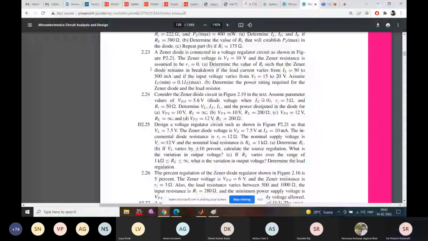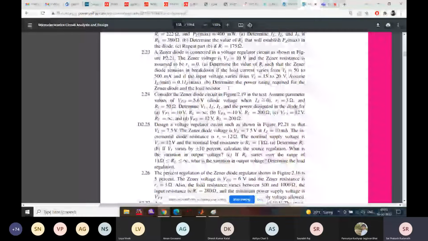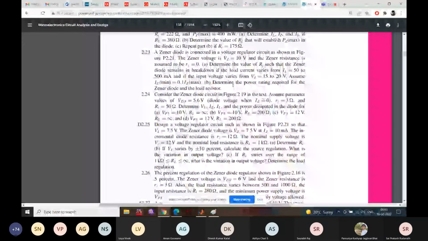What was the value of RL in the previous question? Someone got 56, right? 56.57 ohm. Yeah. Okay. So solve 2.23. A Zener diode is connected in a voltage regulator circuit.